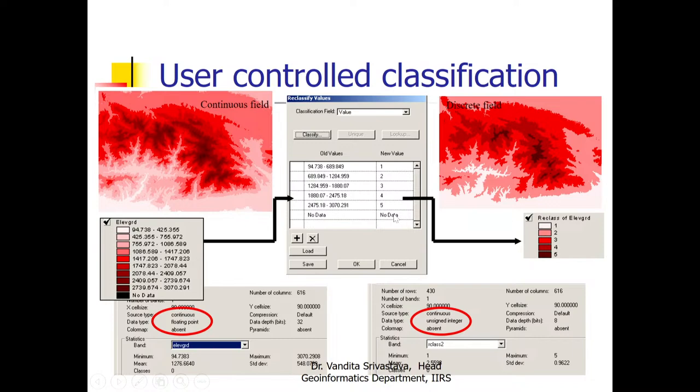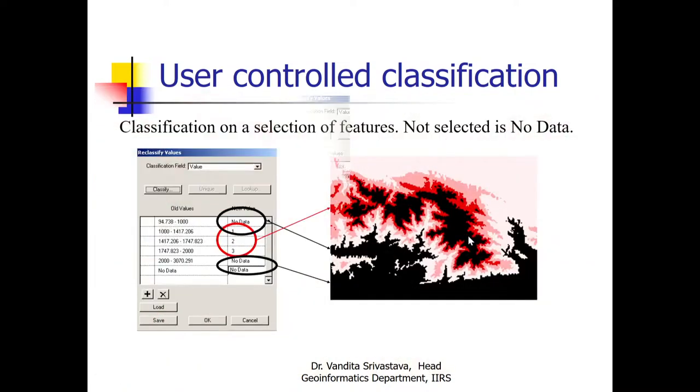Okay. So now you see here only 5 classes. You could also put fewer classes, and the top and the bottom values you could put as no data. So when you do this, you see the highest and the lowest elevations as black, as no data, but only the in between classes as class number 1, 2 and 3.